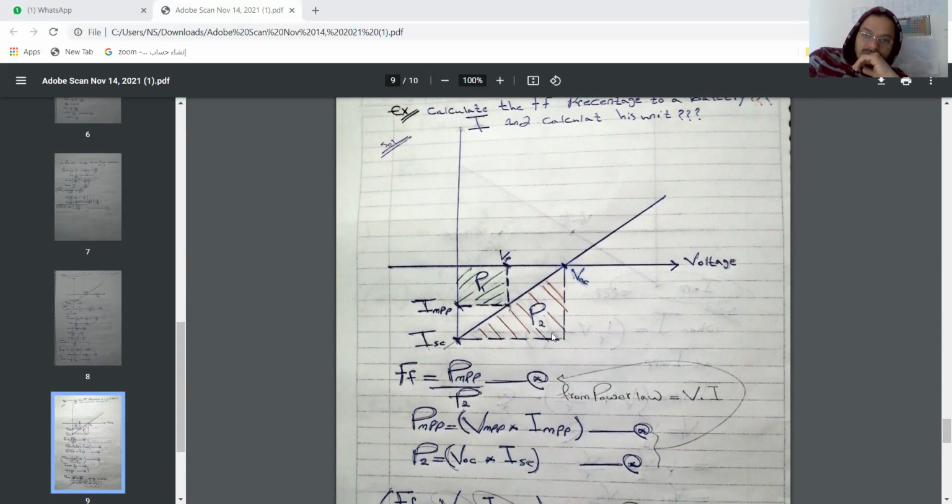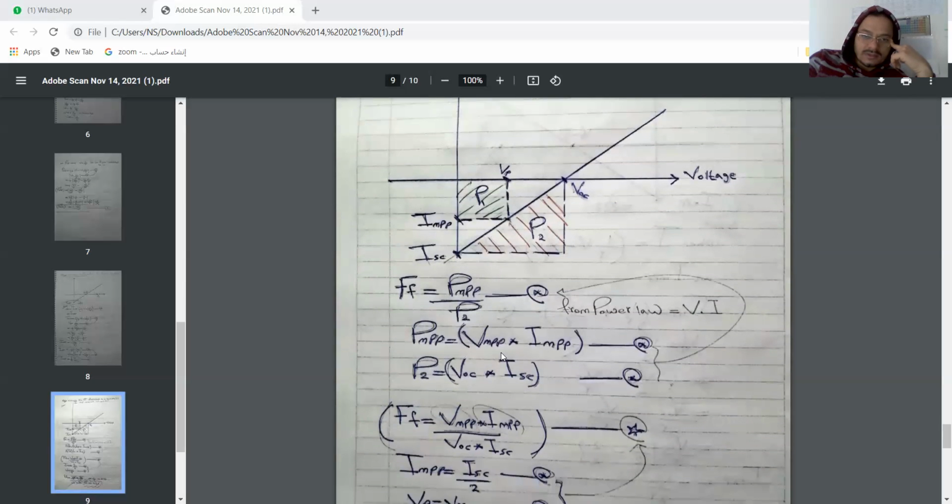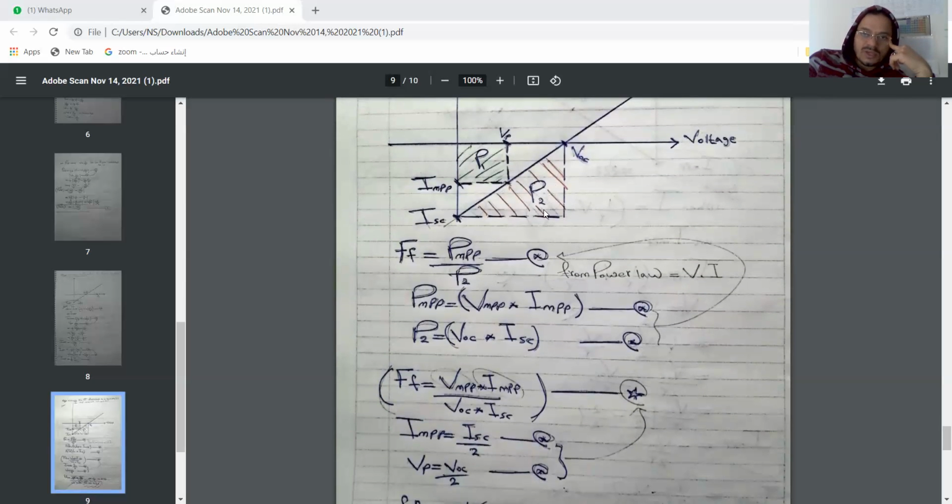P2 will be this triangle, and P1 will be this figure. Pmpp equals VP dot Impp, and P2 equals V open circuit dot I short circuit.